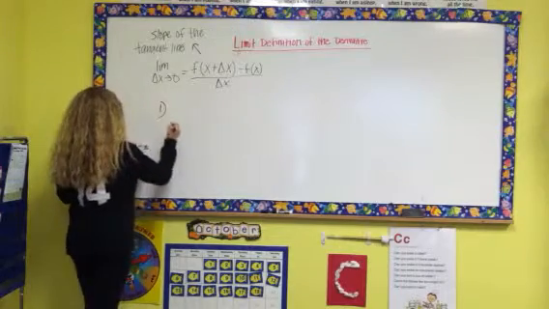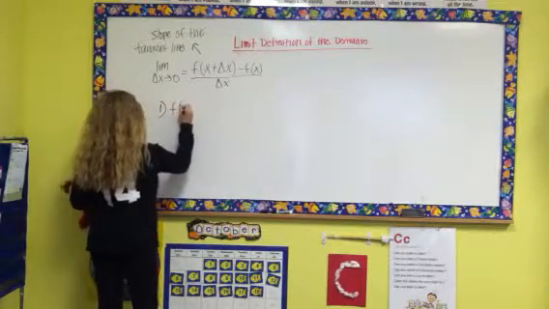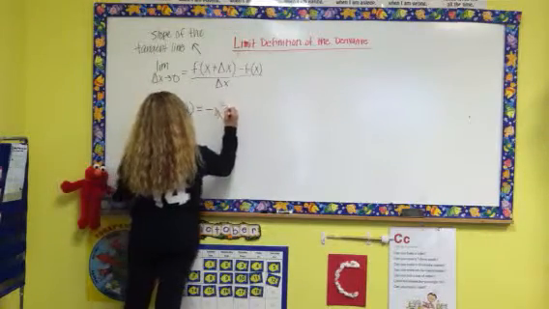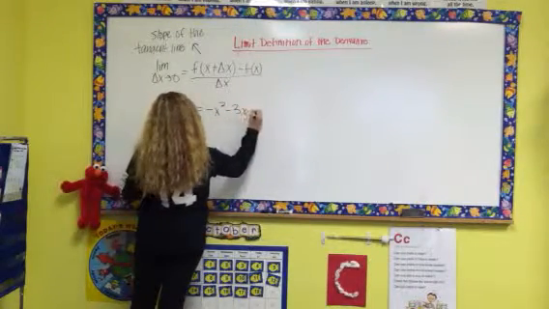Number 1, f of x is equal to negative x squared minus 3x plus 1.